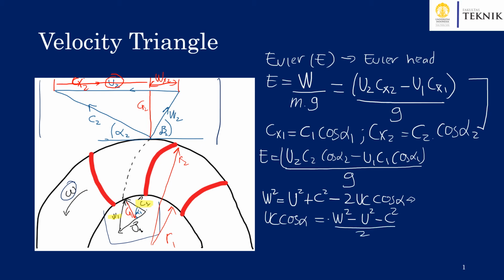Okay, so this is wrong. It should be minus W plus U and plus C. And we can apply this for condition 1 at the inlet and condition 2 at the outlet.